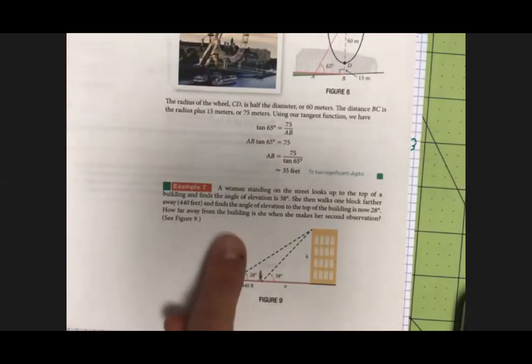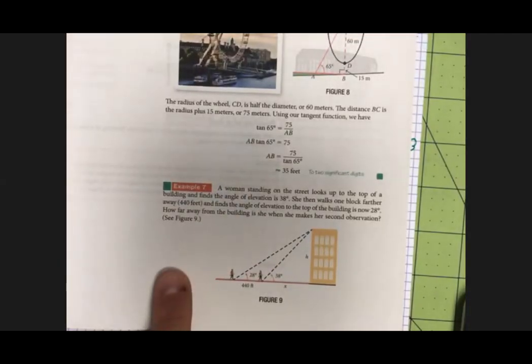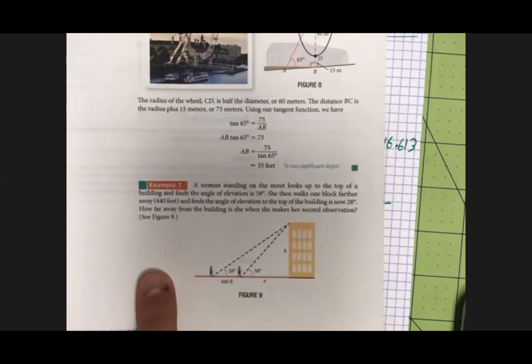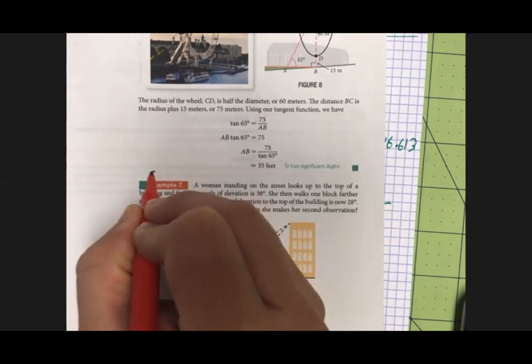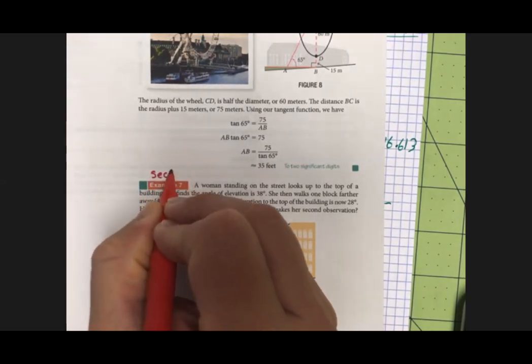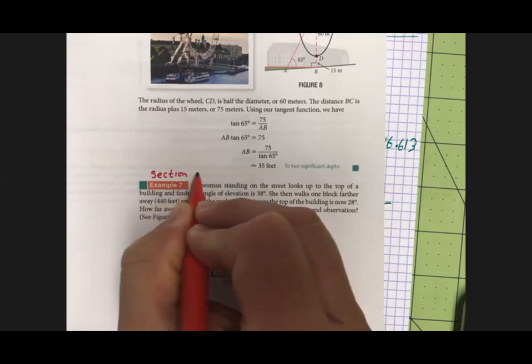Example 7. So example 7 is very much like this problem 3B. This example 7 is in section 2.4. I shouldn't write on the book, but that's okay.